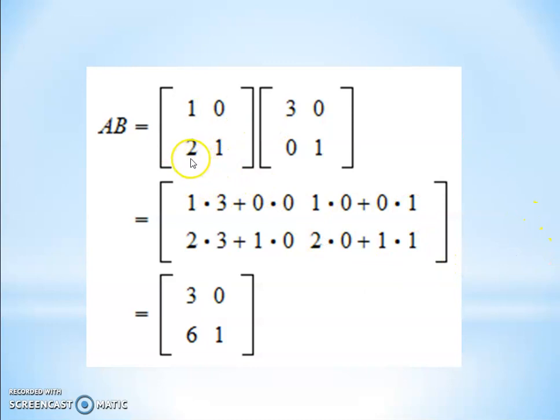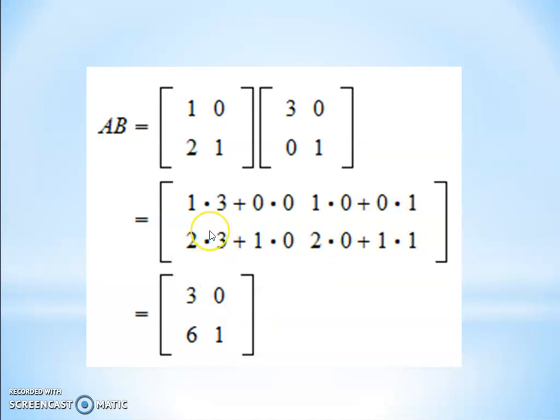Now second row, first column: 2 into 3 plus 1 into 0. Next, second row, second column: 2 into 0, 1 into 1. 1 into 3 is 3, 3 plus 0, 3 remains the same. 1 into 0 is 0, 0 into 1 is 0. The answer is 0 plus 0 is 0.